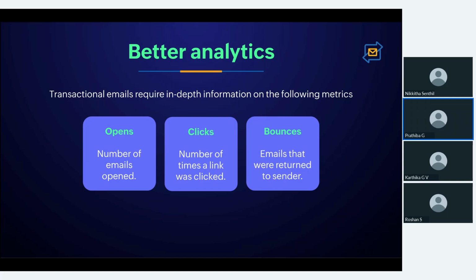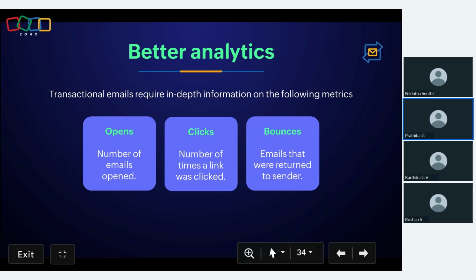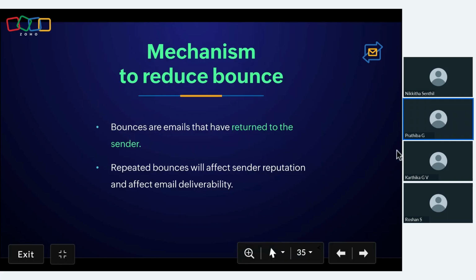So thereby, by opting for a transactional email service, Sam will be able to focus on these metrics better. In turn, he'll be able to tailor his emails based on these metrics to improve their performance as well as the customer experience.